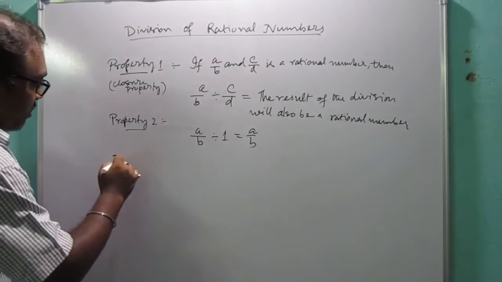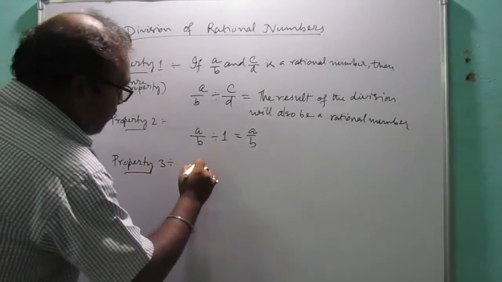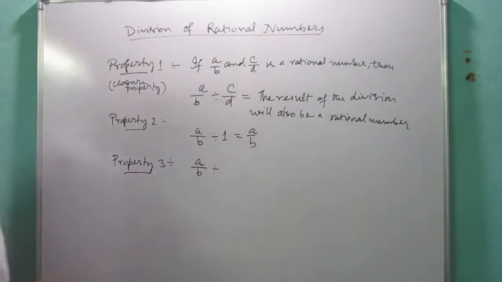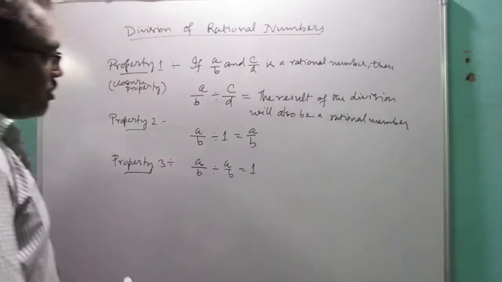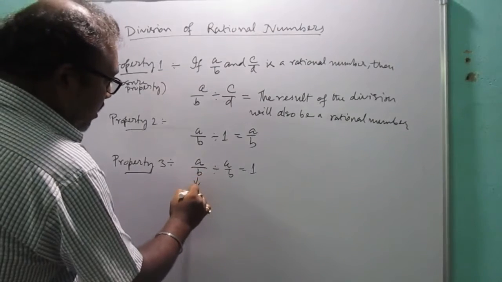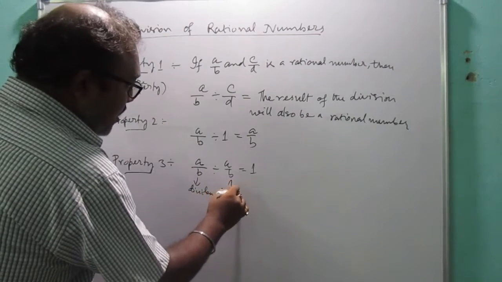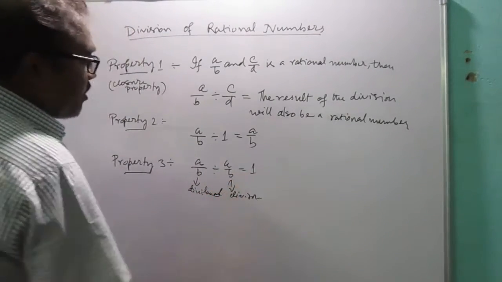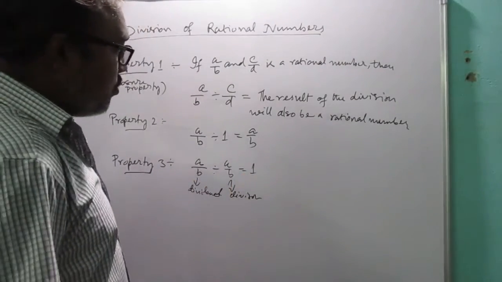And property 3 tells that if we divide a by b with a by b only, then the result will be 1. So if the divisor and the dividend, this is the dividend and this is the divisor, if the dividend and the divisor are the same, then the answer will be 1, and the answer part is known as the quotient.